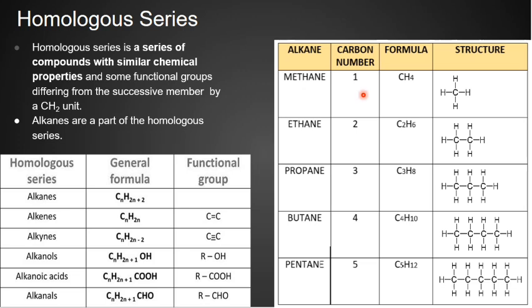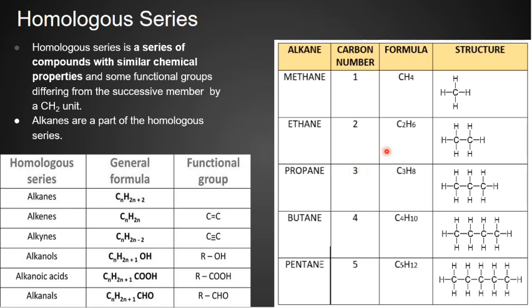The number of carbon is 1, CH4. I just want you to try as much as possible to get familiar with these structures, how to draw the structures we have there, knowing the number of carbons for each of these alkanes. Thereafter we'll consider how the CH2 group is expressed here.